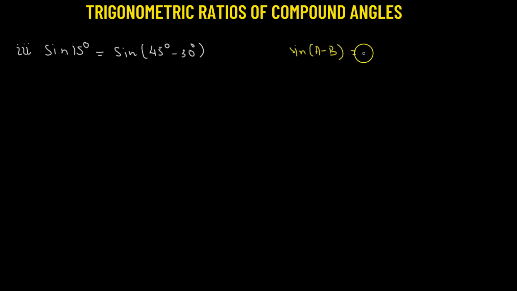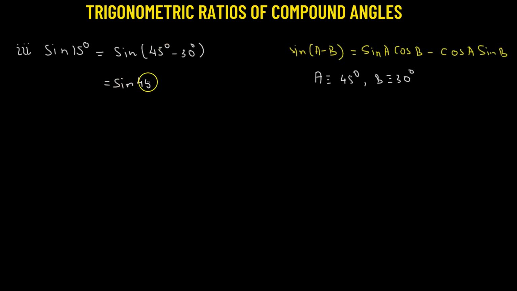Sine of (A minus B) equals sine A cosine B minus cosine A times sine B. So we will consider A to be 45 degrees and B to be 30 degrees. Then we can expand sine (45 minus 30) degrees as sine 45 degrees multiplied by cosine 30 degrees minus cosine 45 degrees multiplied by sine 30 degrees.